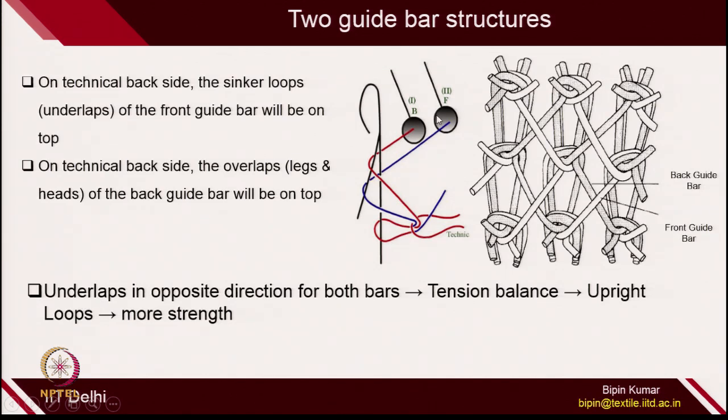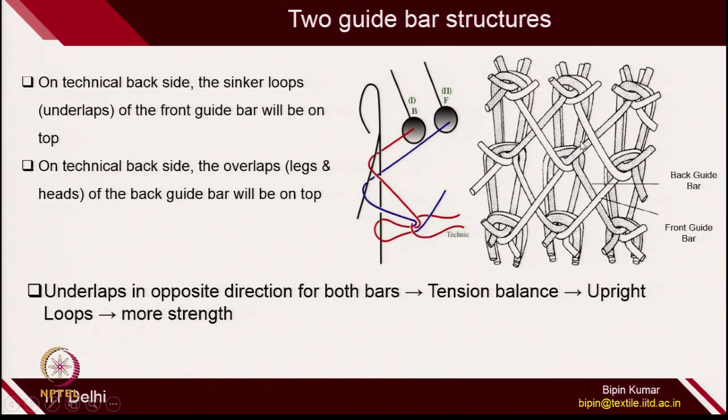The other key aspect you can get from here is if the underlaps of both guide bars are in opposite directions during a course. For example, if you are making this particular loop, one yarn is coming from left to right and the other yarn is coming from right to left. So, the underlaps are in opposite directions. Because of the opposite direction, the underlaps give equal tension balance, and due to which the loops are in a much more stable, upright position.